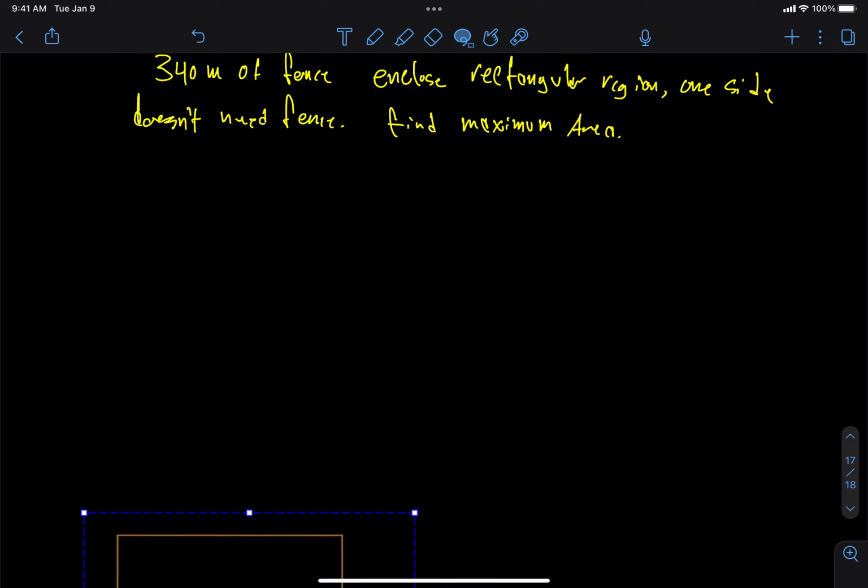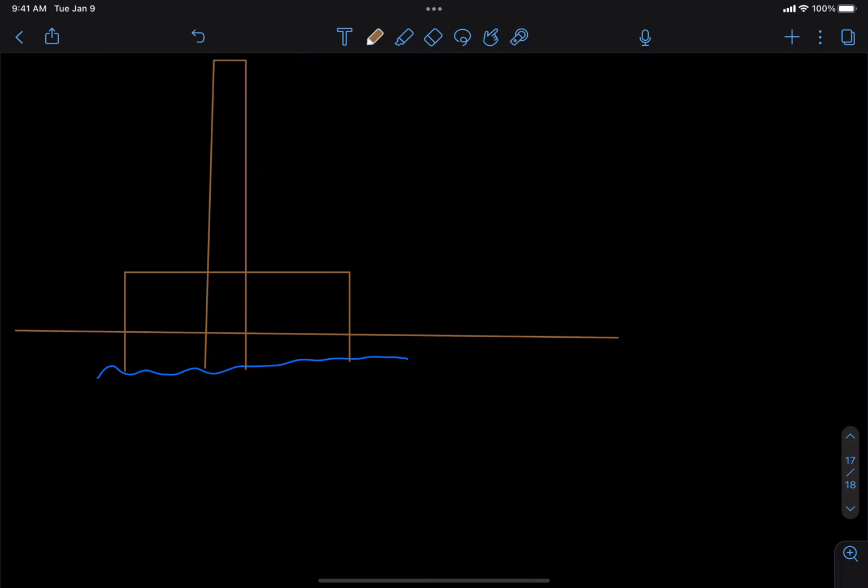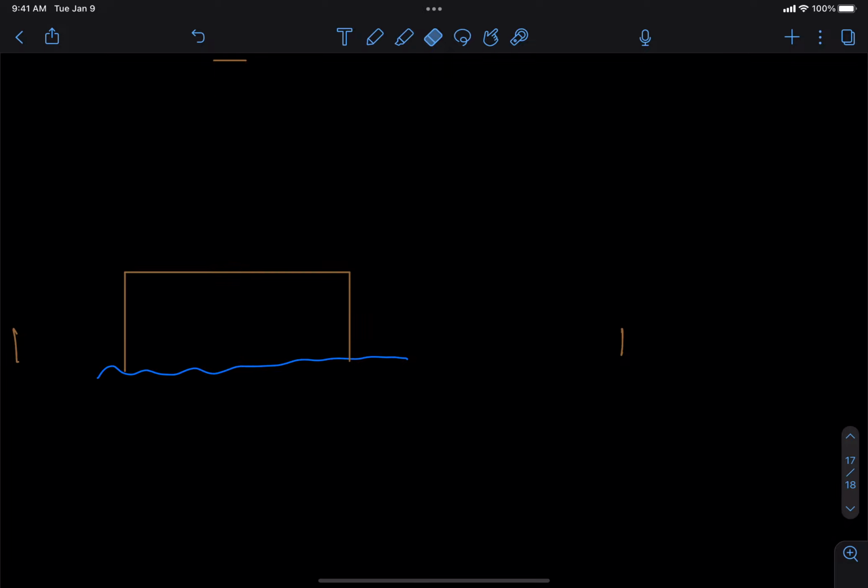Do I set it up like this, or should I use all my fencing to make a really long side on this side, and then shorter here, and then really long like this, right? I could do it like that. Or I could make it really, really long in the sideways direction, and really short, like that. So all sorts of different ways that I could enclose this area, but only one way is going to give me the maximum area. So let me erase the other two, because those are not reasonable.